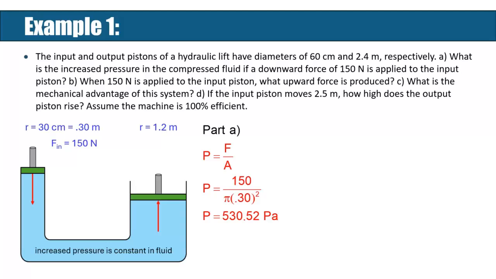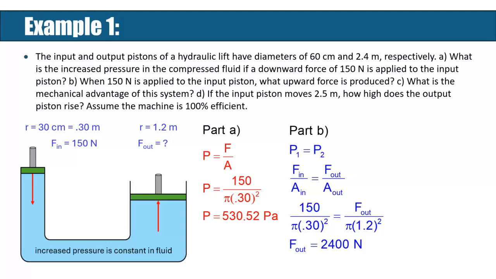All right, part B. It says when 150 newtons is applied to the input piston, what upward force is produced? So when I push down, I'm going to be moving fluid this way, and it's going to raise the output piston. So what is the force on the output piston? This is where I can use Pascal's principle.